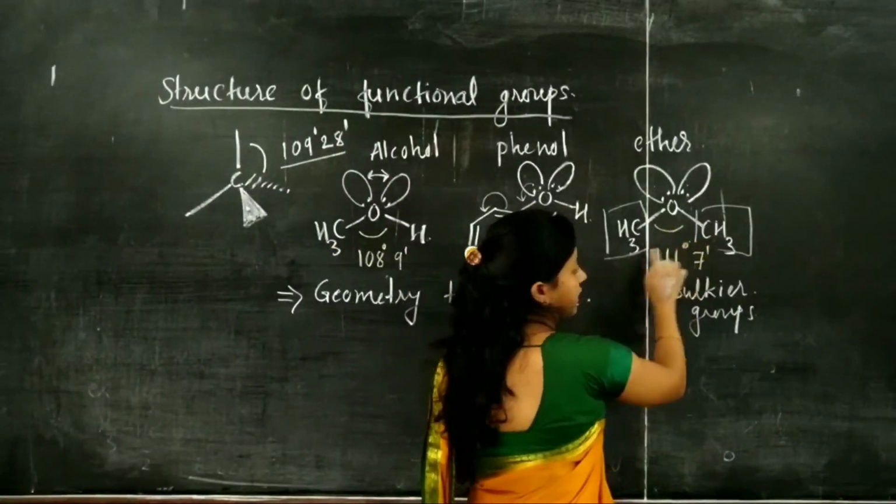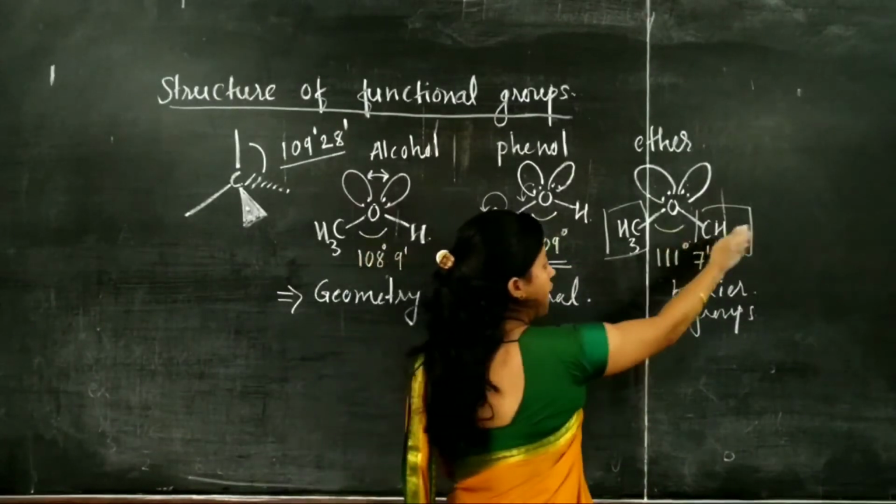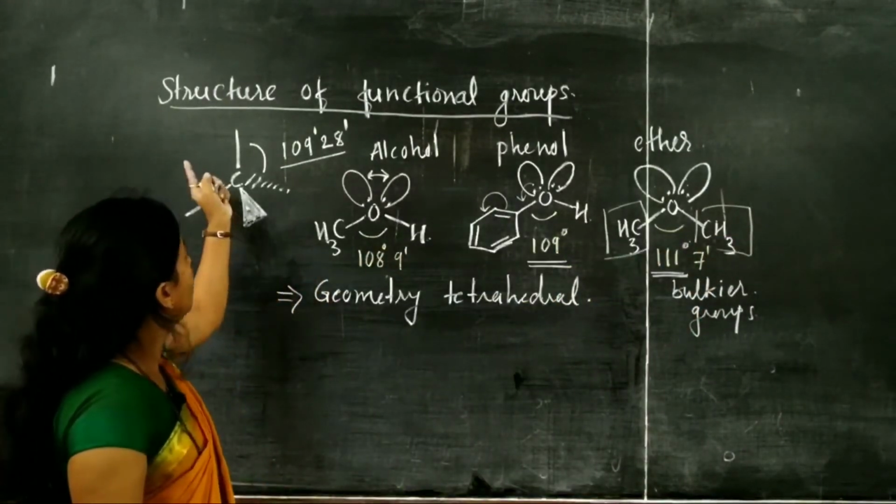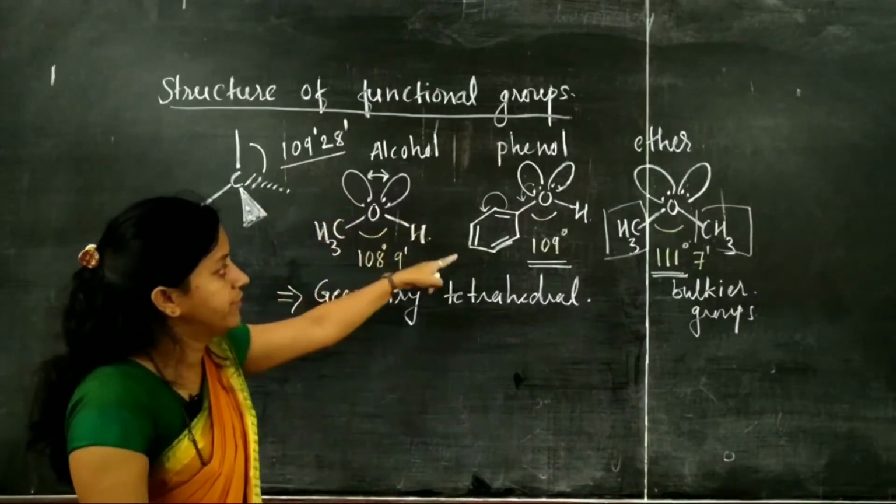These bulkier groups' steric hindrance will make them move away. So this is about the structure of the functional group in alcohol, phenol and ether.